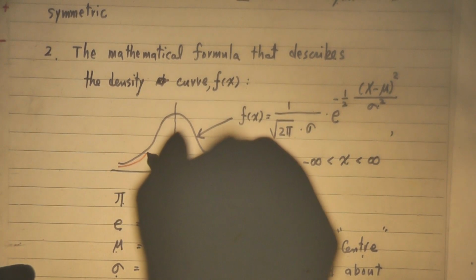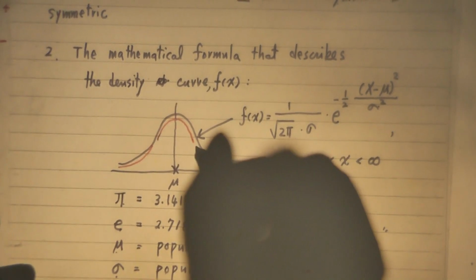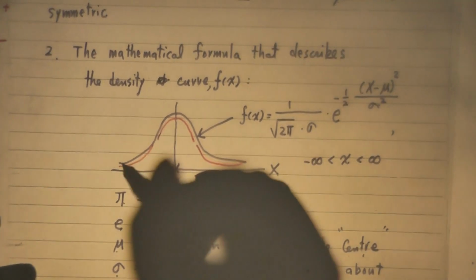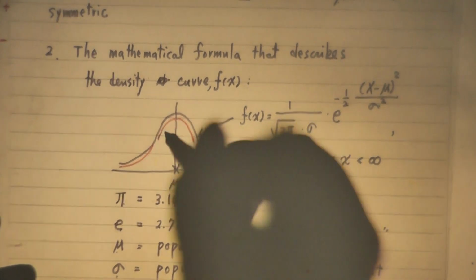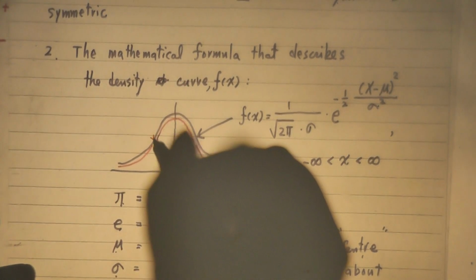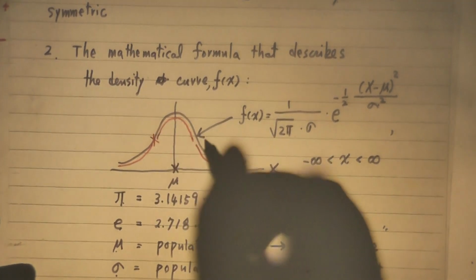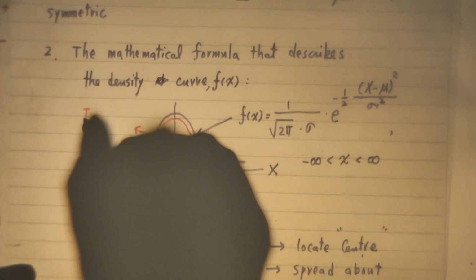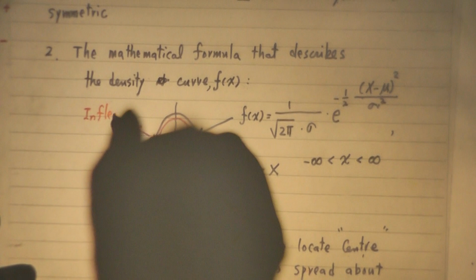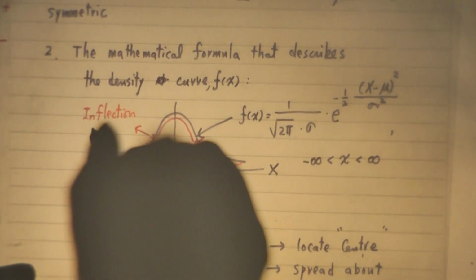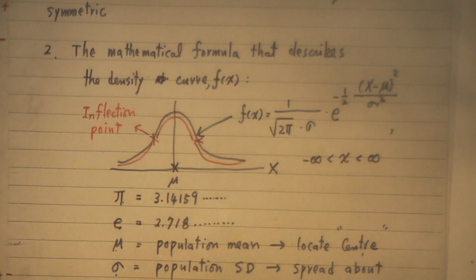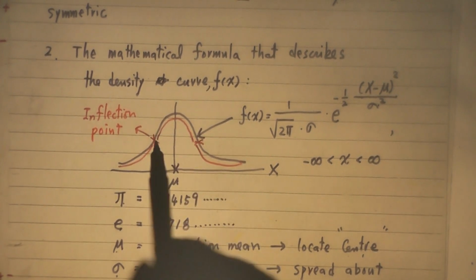The curve goes from concave up to concave down, and then concave up again. In calculus, we call the point where a curve changes from concave up to concave down, or from concave down to concave up, an inflection point. And since the normal curve is symmetric, we have two inflection points.